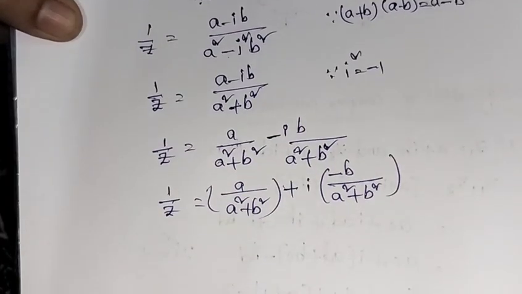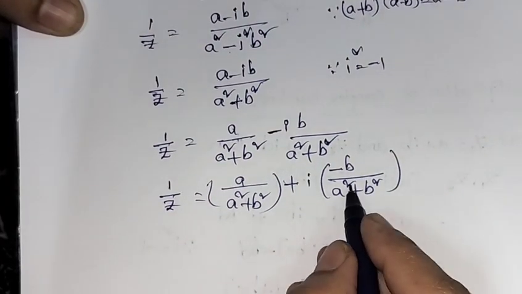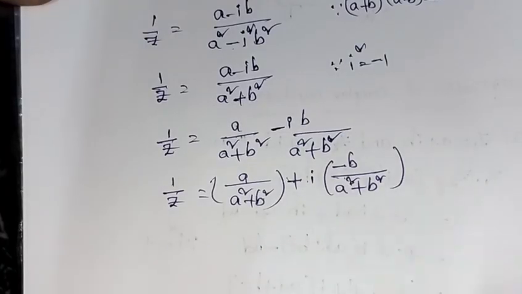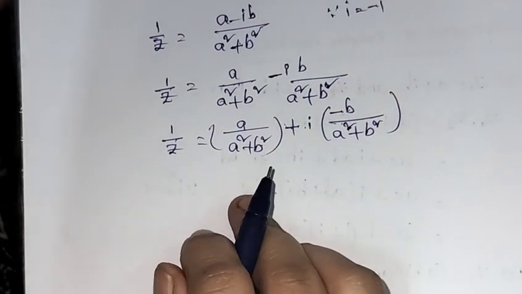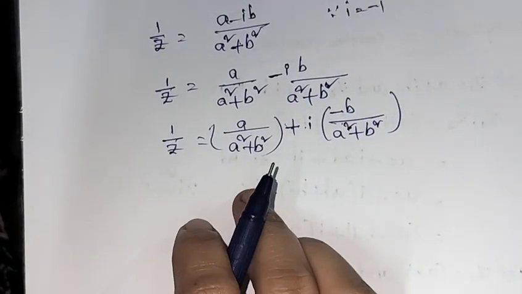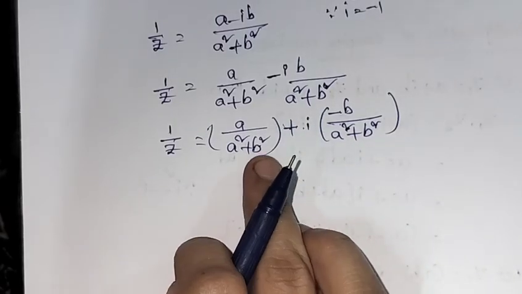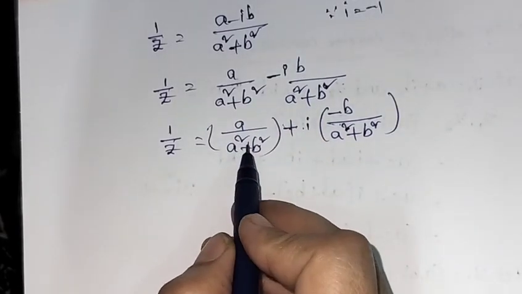This is in a + ib form. This is a, and this is b. This is the reciprocal of a complex number, or the multiplicative inverse of a complex number, in a + ib form.